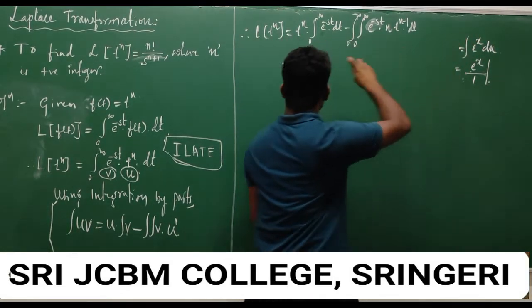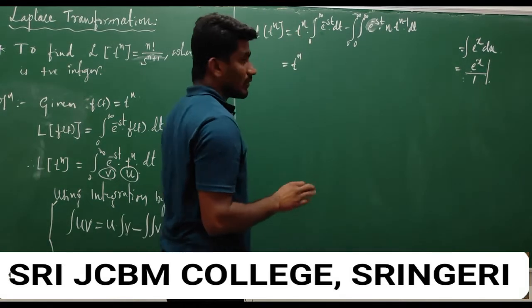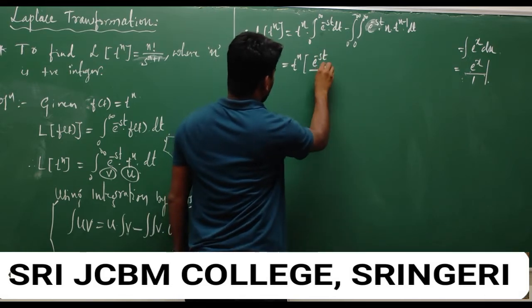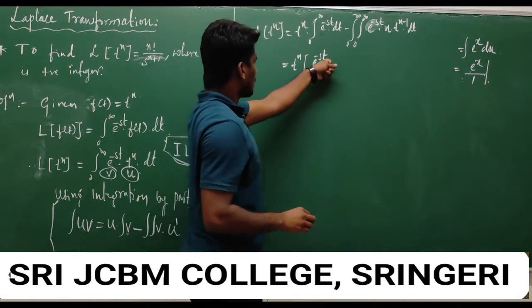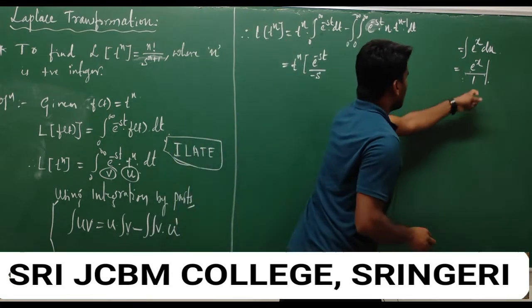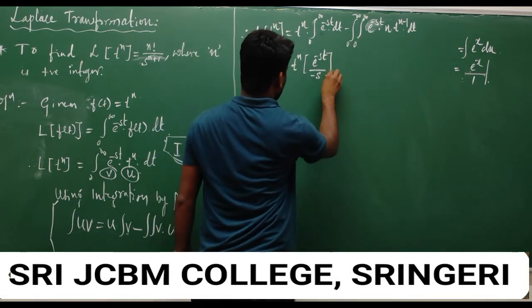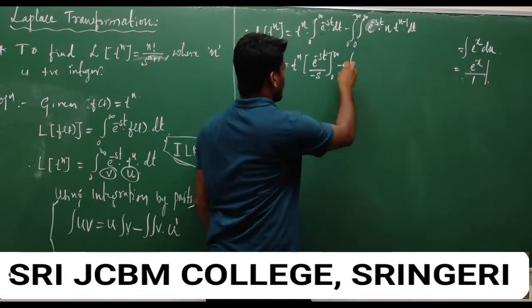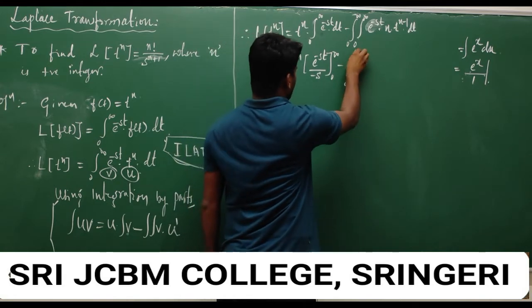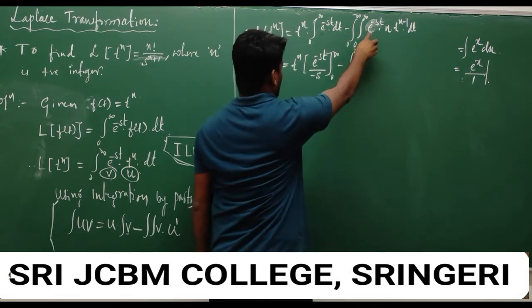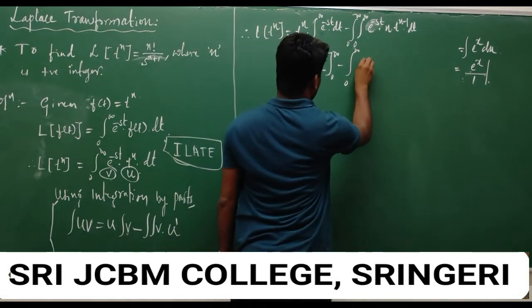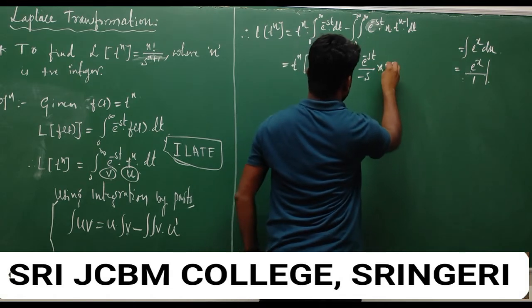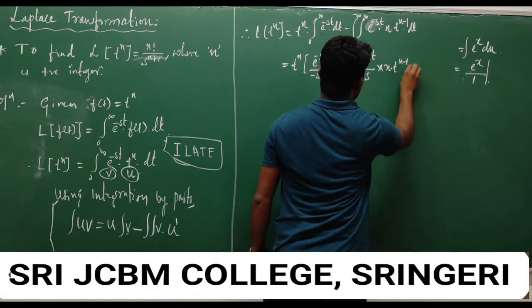So use this rule for e to the power minus st, because t is our variable and only t has to be integrated. This gives e to the power minus st divided by minus s, because the coefficient of t is minus s and comes in the denominator, with limit values 0 to infinity. Again, in the integration, first we solve the inner integral and keep the outer integral as it is. So the integration of e to the power minus st is e to the power minus st over minus s, and the differentiation gives n times t to the power n minus 1 dt.